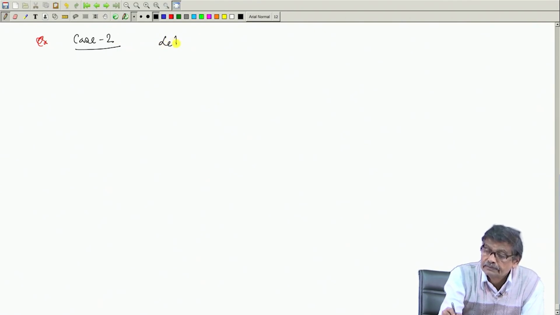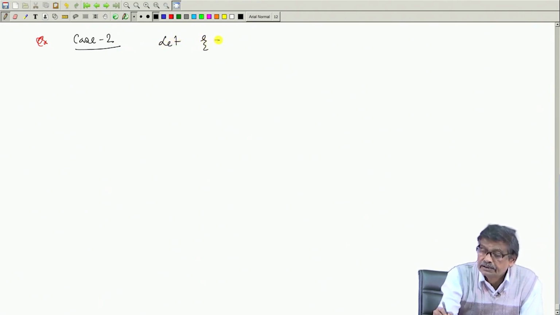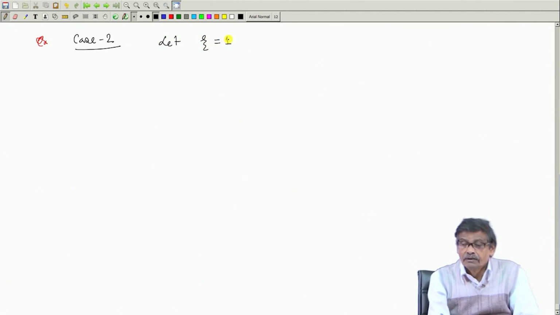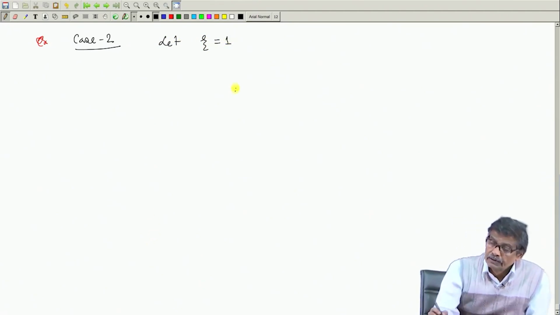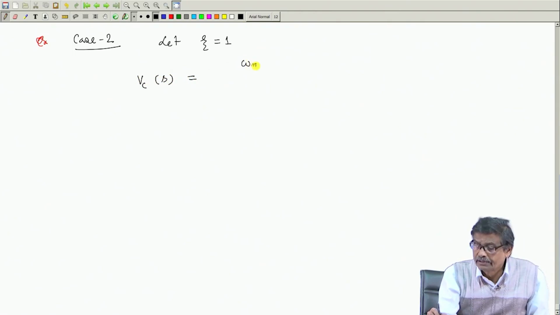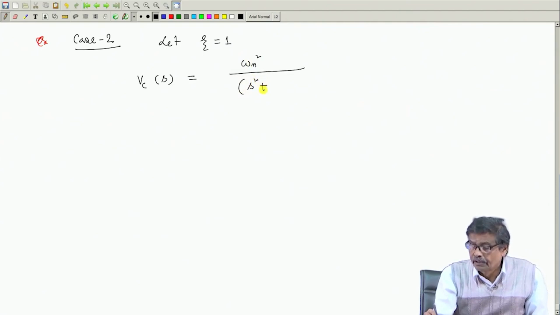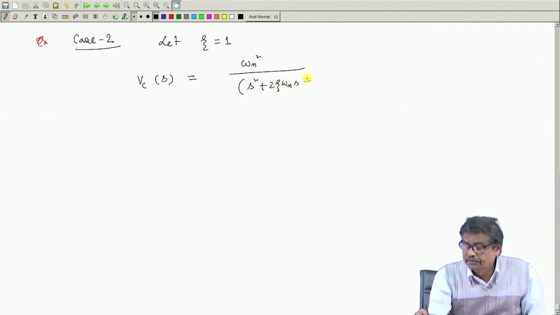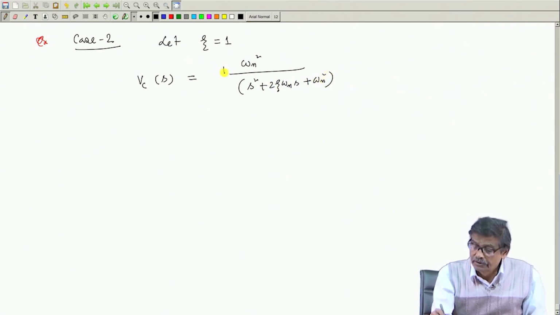Let zeta equal to 1 and the expression of VCs of course remains same as omega n square by s square plus 2 zeta omega n s plus omega n square into 1 over s.